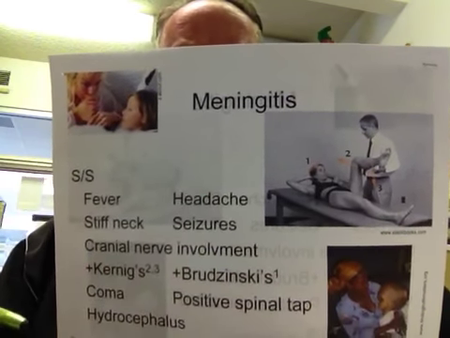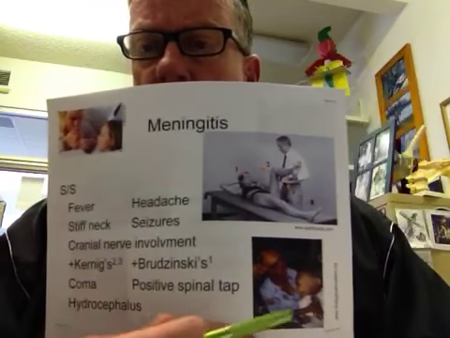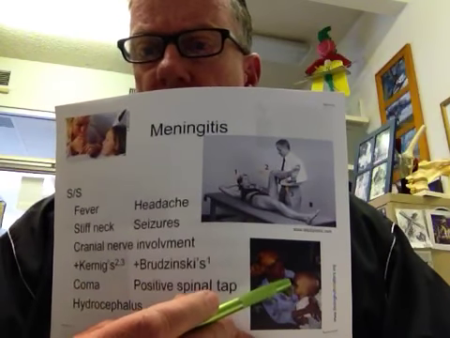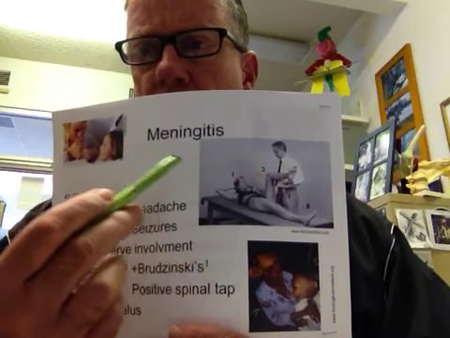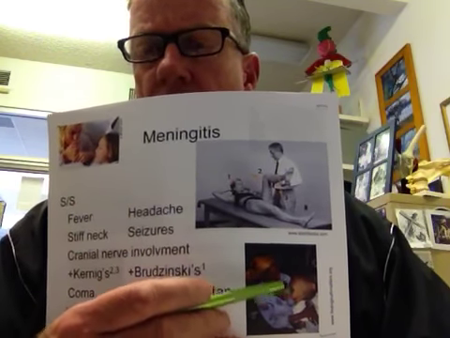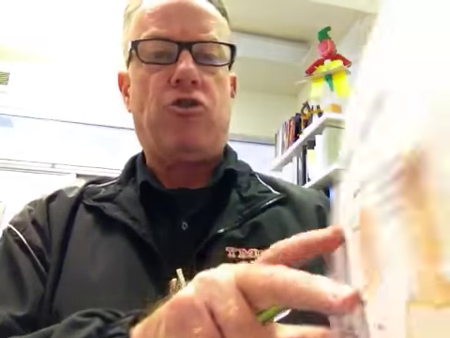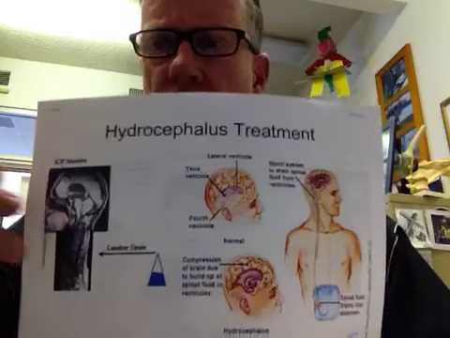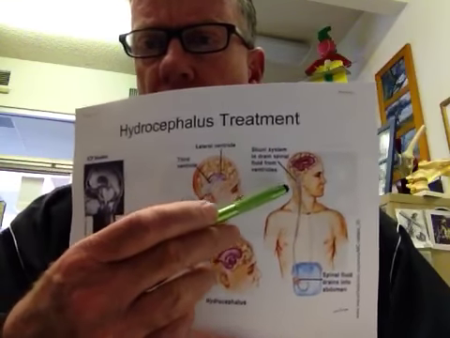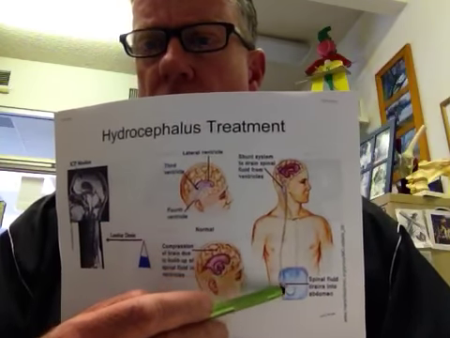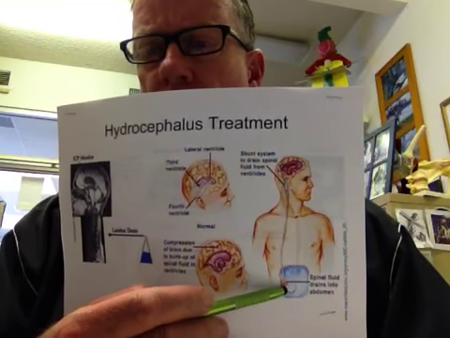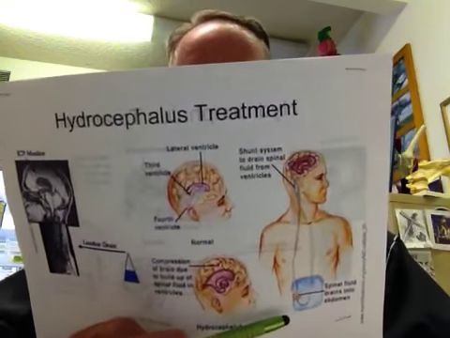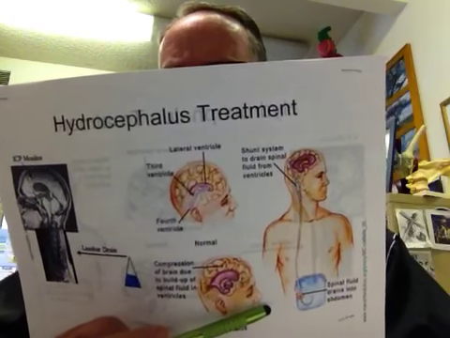And then meningitis can lead to hydrocephalus. This can be genetically predetermined or a result of infection, which it is in this case. And so how do we manage that? Well, the way we manage that is draining excessive CSF from the brain, putting in a shunt into the abdominal cavity.